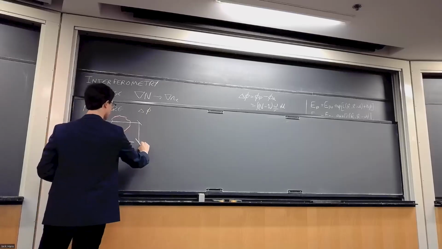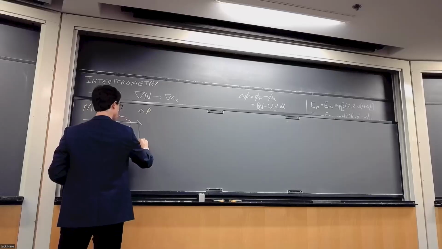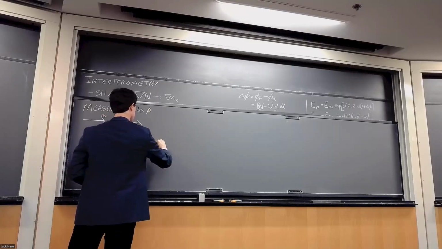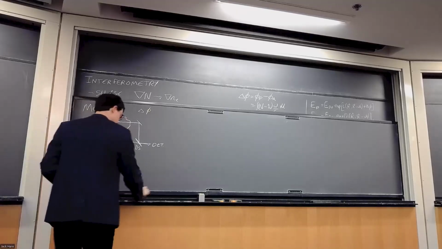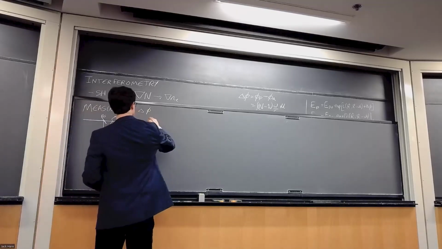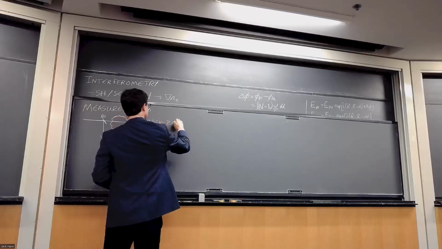Always have to remember to get the beam splitters in the right orientation, otherwise I look very stupid. Beam splitter, and then this goes through to our detector here. So the nice thing about this setup, I should give the name for it, sorry. Mach-Zehnder.